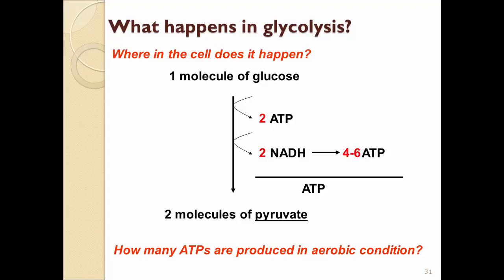We will get there later. Let's just try to remember this. So in the aerobic conditions, we produce 4 to 6 plus 2 ATPs, so actually a total of 6 to 8 ATPs in aerobic conditions.